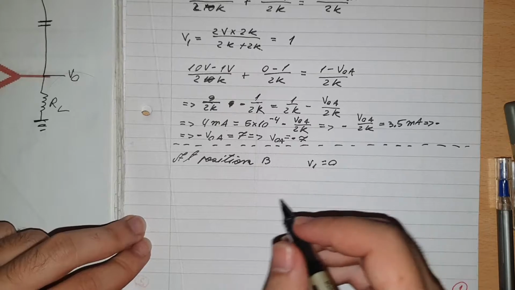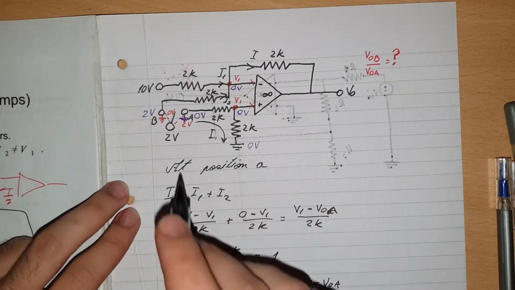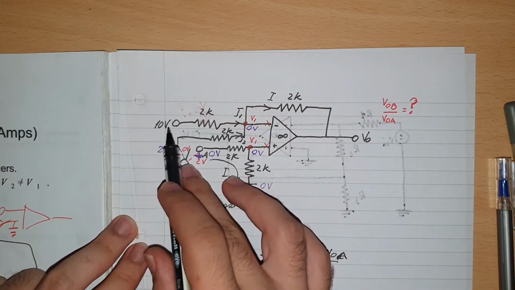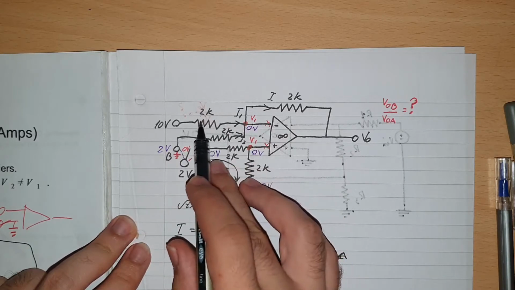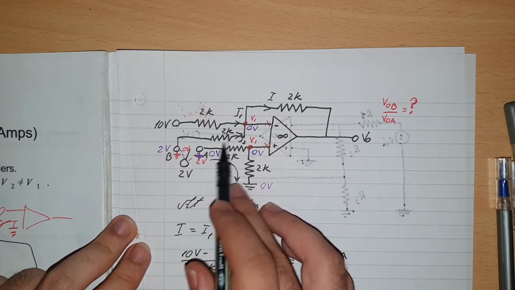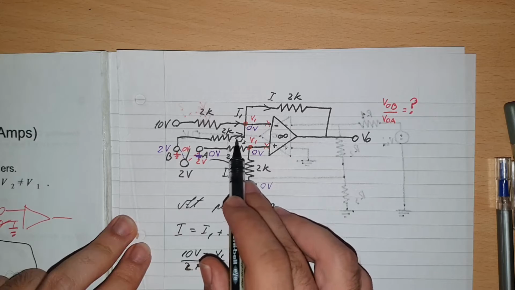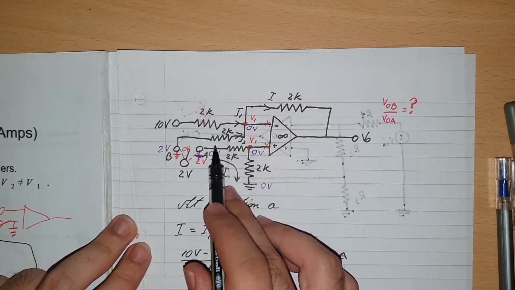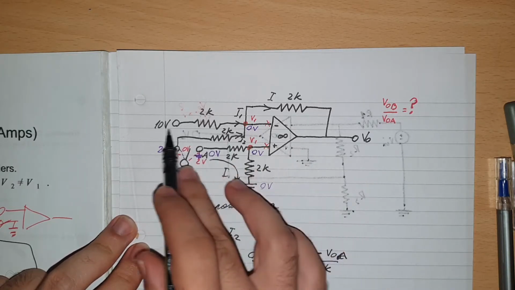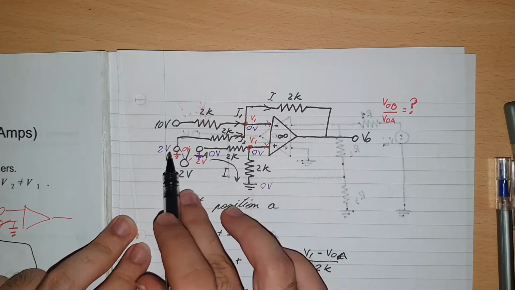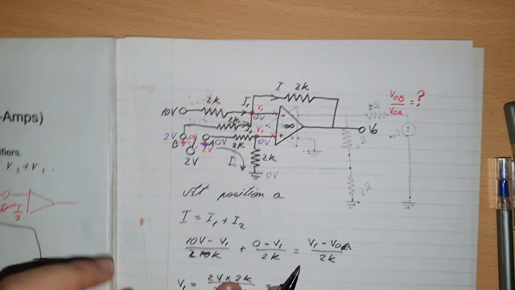Okay, and the formula is basically the same. It will be current I1, and that's 10 minus V1 over 2K, but this time for current I2 it will be 2 volts minus 0 volts over 2K, because the switch at our point B has got the voltage.